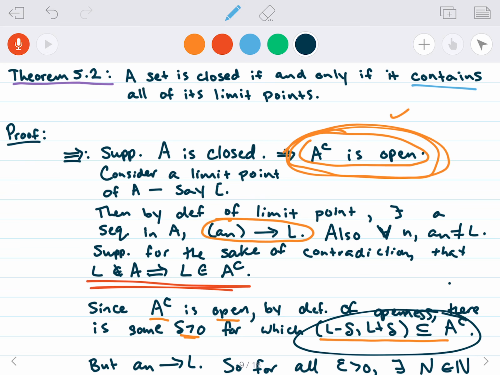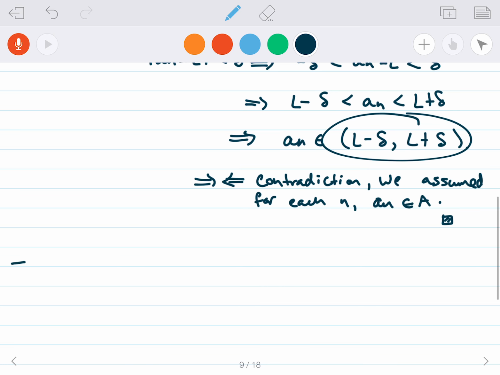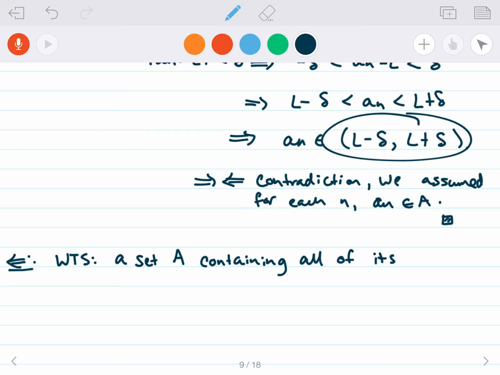So let's go ahead and do the other direction. And so we want to show that a set A containing all of its limit points implies that A is closed.